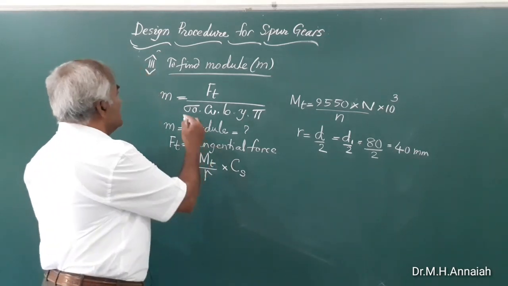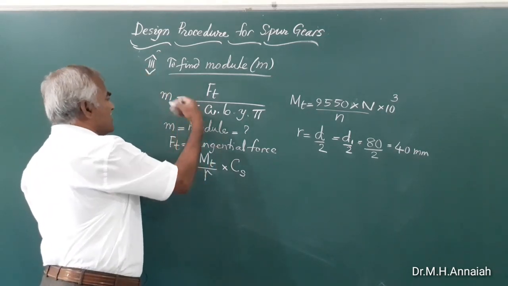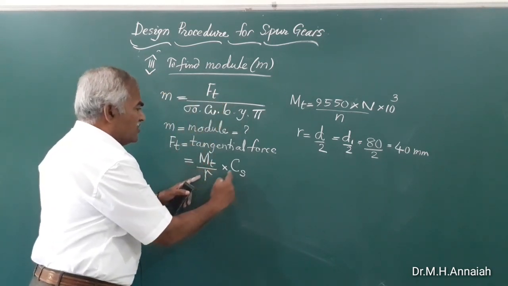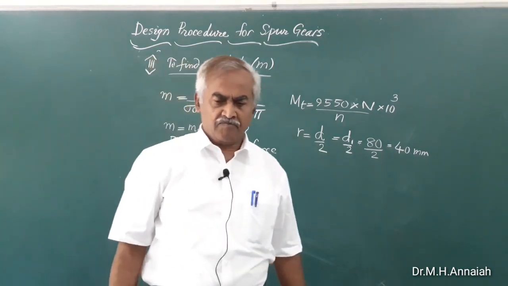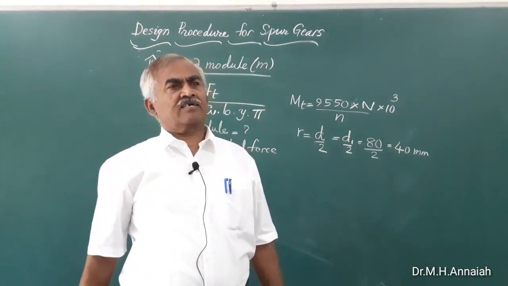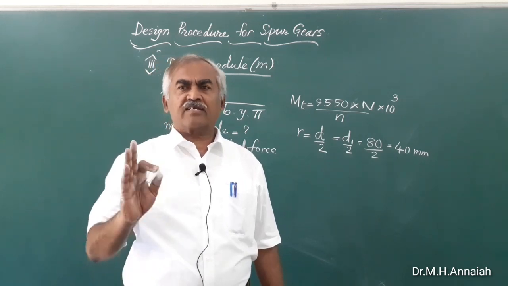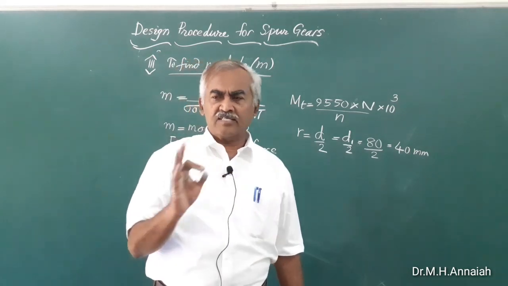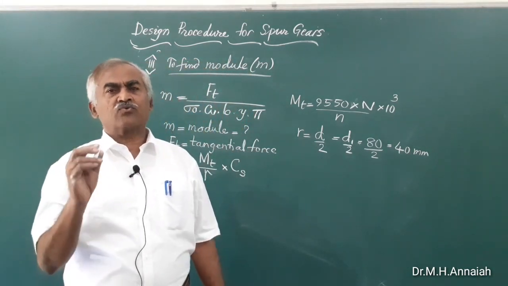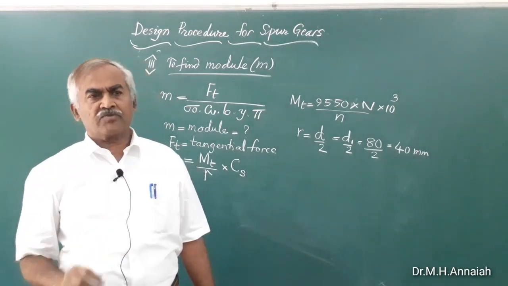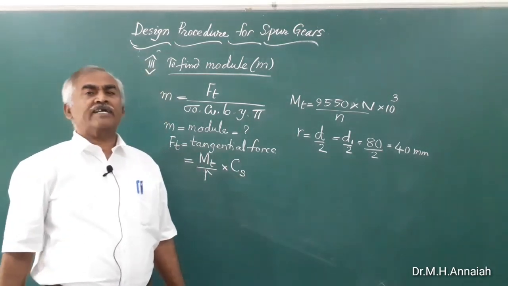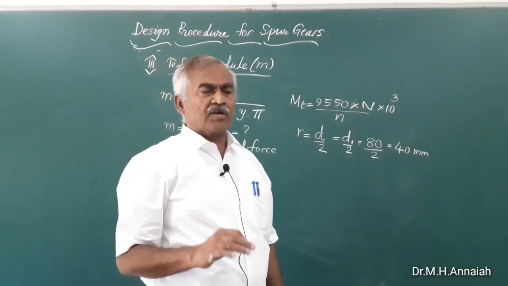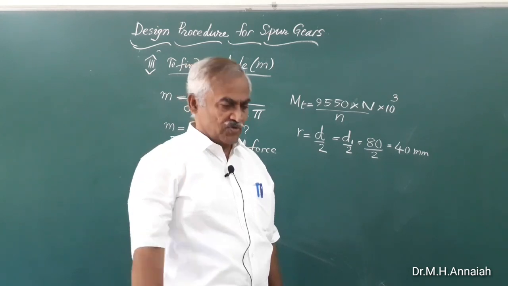Now, friends, we have kept this as a constant, an unknown value. This is Ft, Mt we know, R we know, Cs is the service factor. Friends, this service factor is a factor that is used to design for safety, and generally its value is 1.25 for light loads, 1.5 to 1.75 for medium loads, and if it is heavy load, it is going to be 1.75 to 2.